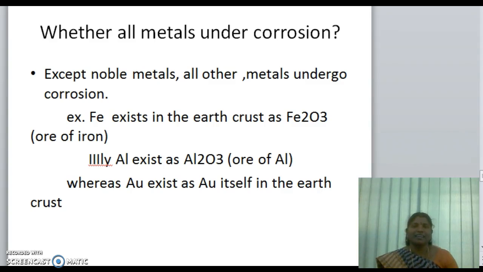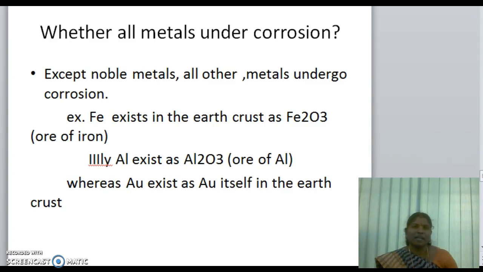Whereas iron doesn't exist in the earth crust as iron itself. Aluminium also doesn't exist as aluminium itself; it exists as Al2O3, in the form of oxide. So aluminum oxide is the stable state of aluminum, and pure aluminum is in the unstable state.